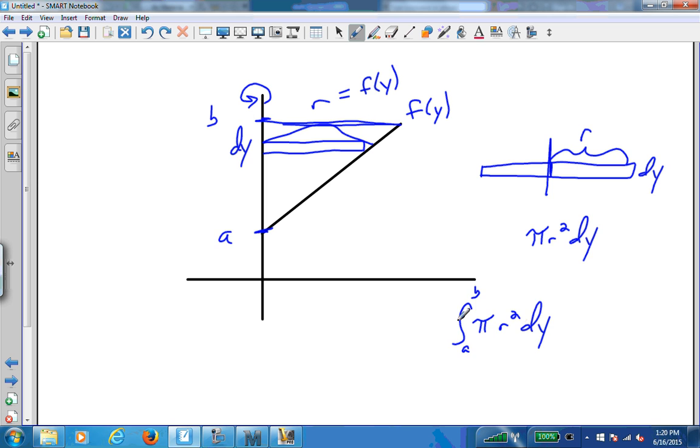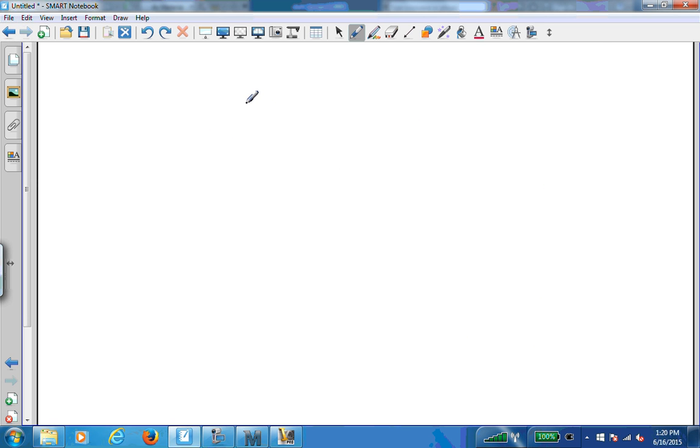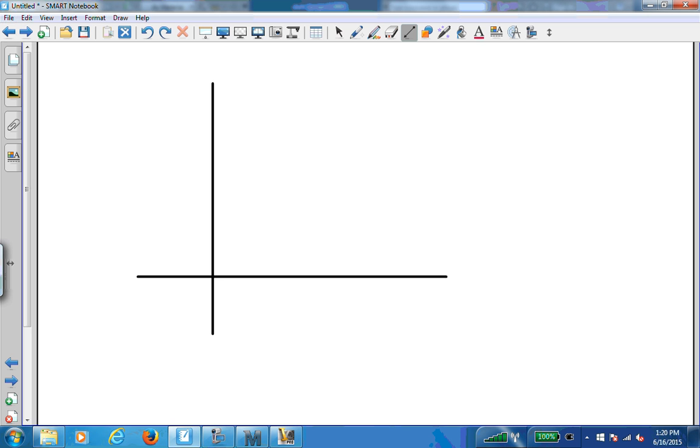So let's do an example. Let's suppose we do that same type of problem. Let's suppose that the line we're rotating around the y-axis is given by the equation y equals 2x plus 1. So here this point is (0, 1).